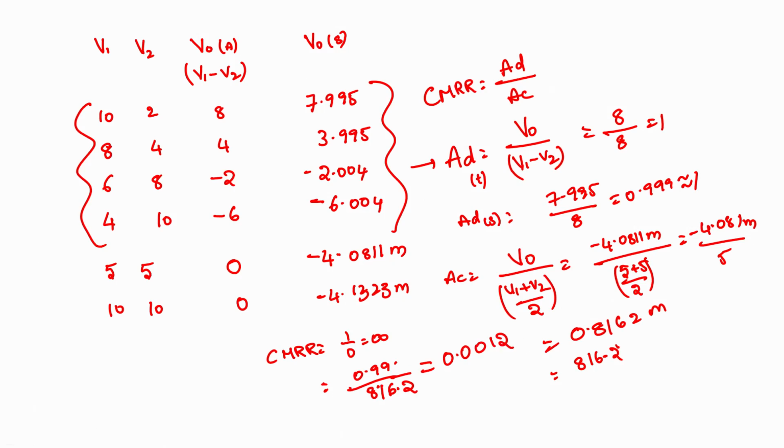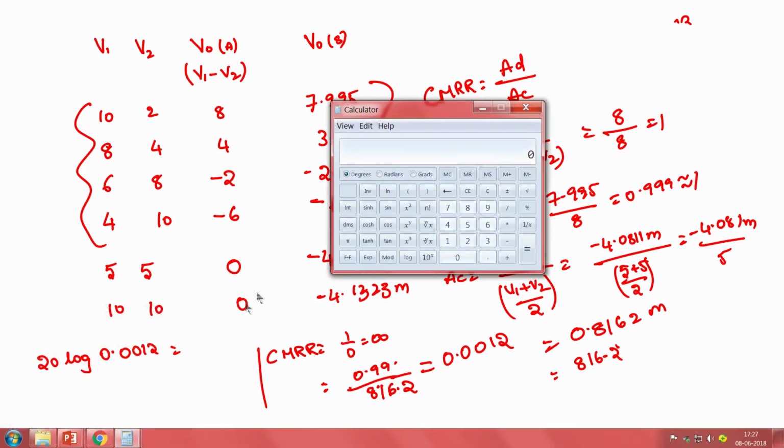Now, if I want to calculate in dB, 20 log 0.0012. So, I will write it down here itself, 20 log 0.0012, which is equal to, so I will take calci once again, 0.0012 log into 20.